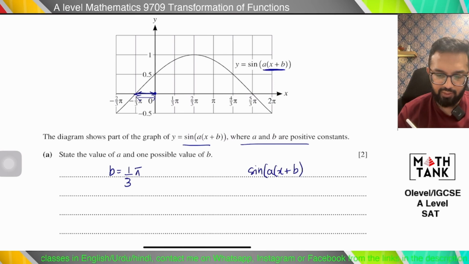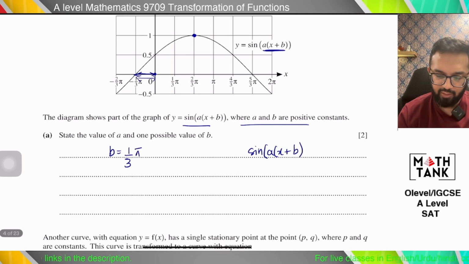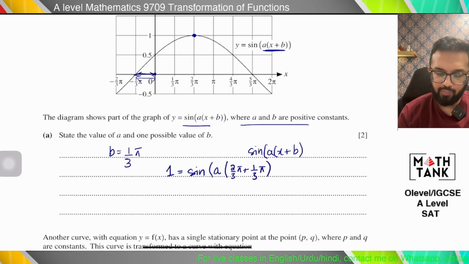Then if everything has moved back 1 over 3 pi, can I then try to figure out based on some value what the value of a would be? Okay, so 1 equals sine.